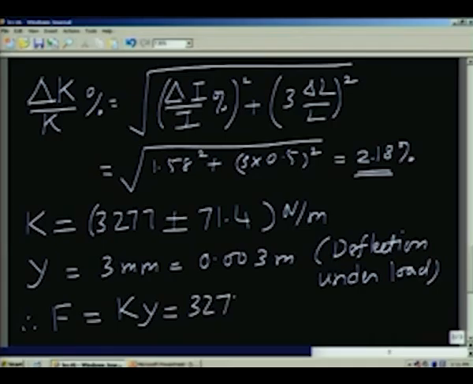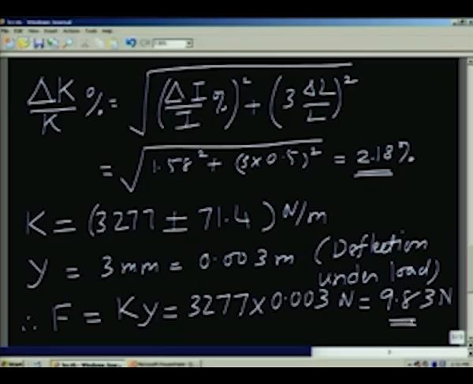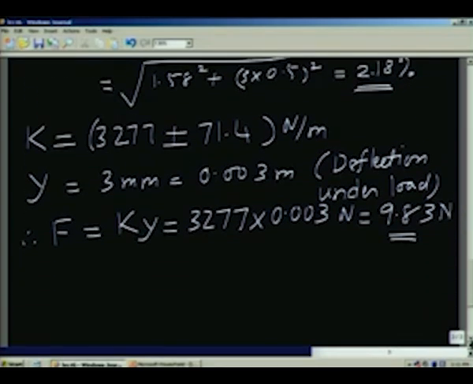I am only giving the nominal value multiplied by 0.003. This will be so many newtons, and that works out to 9.83 newtons. So, that is the force that has been applied, and that gave rise to a displacement of 3 millimeters under the load.